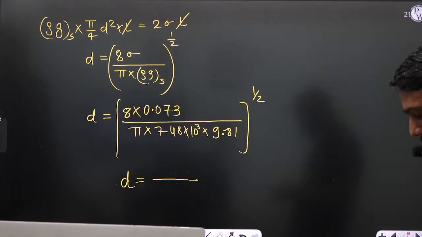So 8 multiplied by 0.073, divided by pi into 7.84 into 10 to the power 3 into 9.81, all to the power 1 by 2.